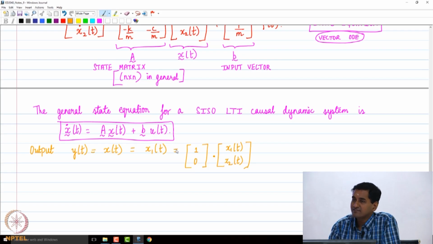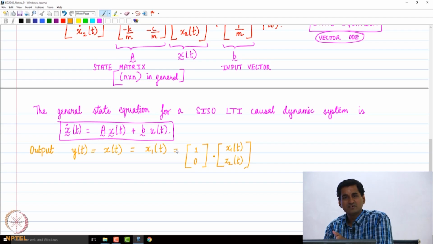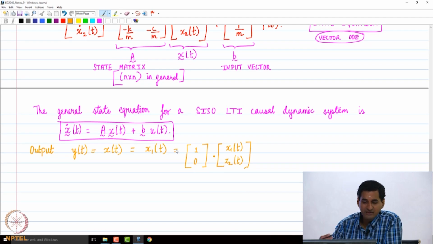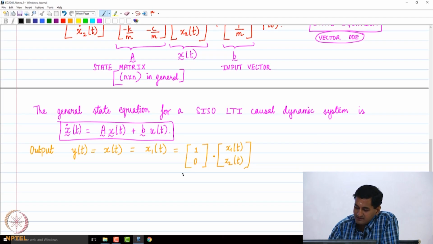So, since we are dealing with a linear system, the output is going to be a linear combination of the state variables. So, the vector with which I take the dot product will be appropriately varying. In this example, it's 1, 0. Okay? So, this is what is called the output equation.